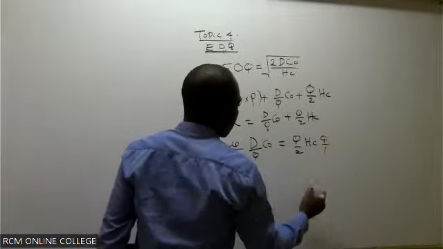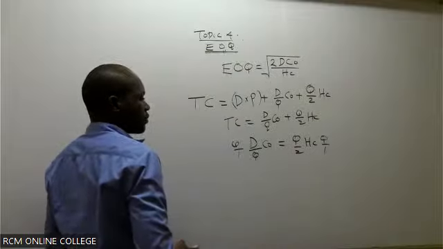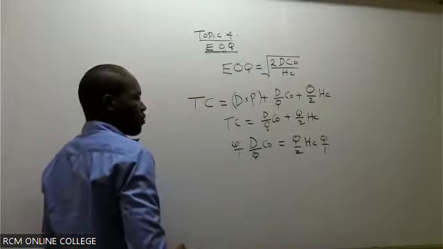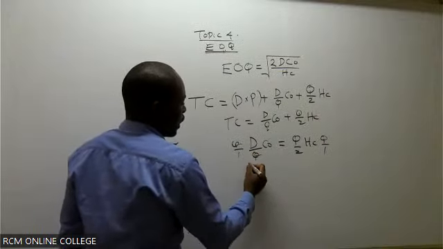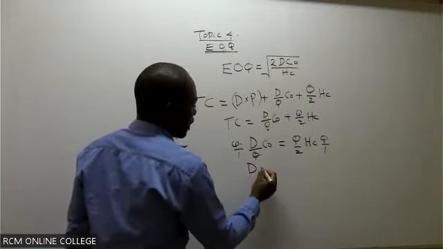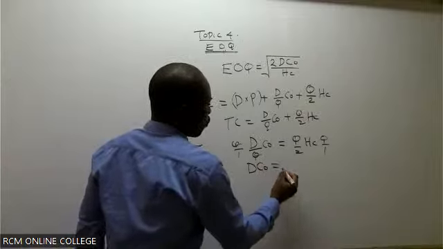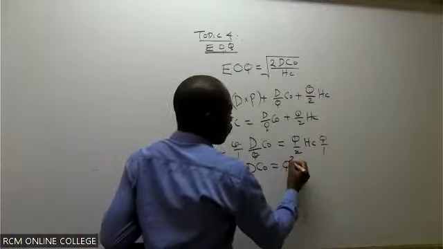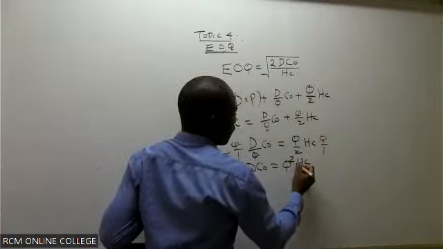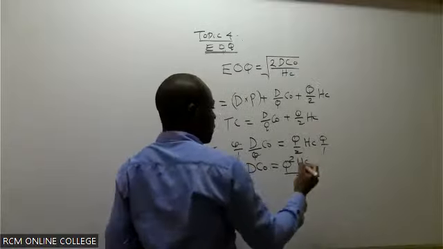Multiply both sides by Q over 1. Once that is done, you'll see the Q on this other side will be eliminated. I'm remaining with demand times ordering cost equal to Q times Q, which is Q squared HC, all divided by 2.